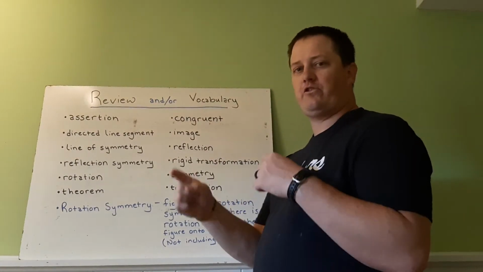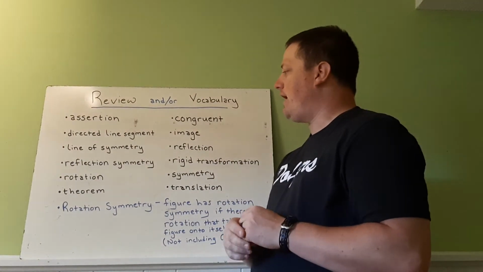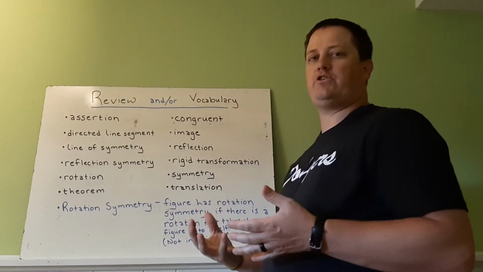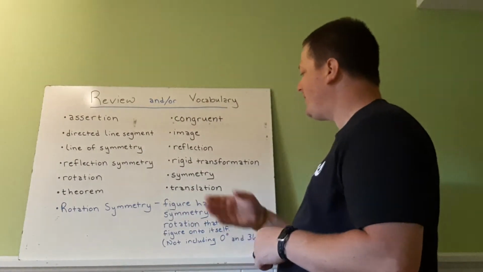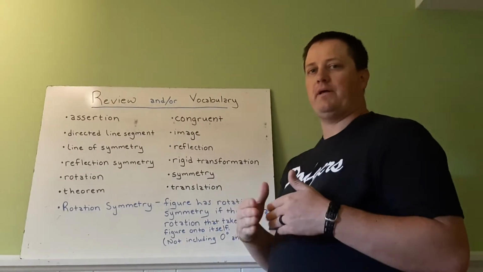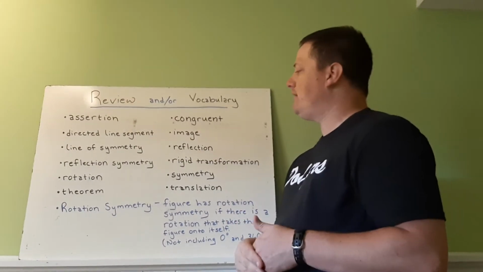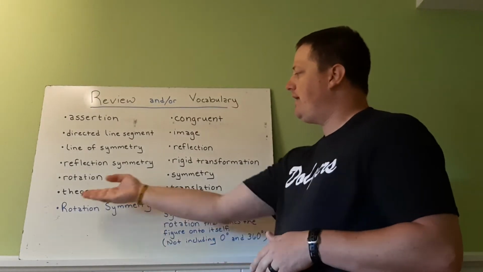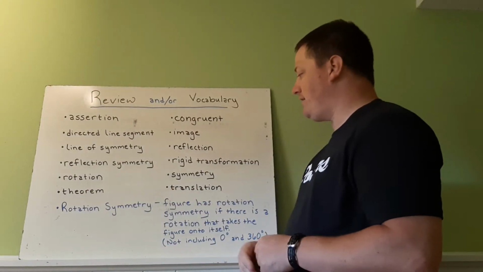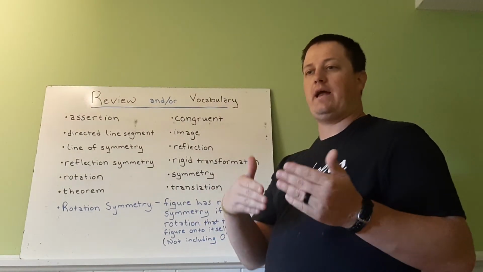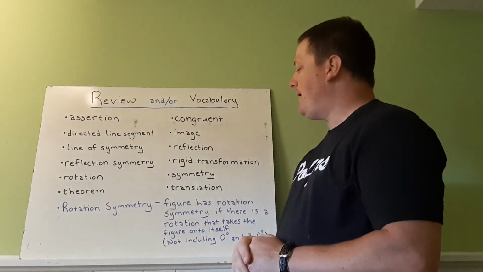Rotation is just turning an object counterclockwise, clockwise, as much or as little as necessary. Symmetry is just the ability to show that two sides are mirror images of each other with a line of symmetry. Theorem is a proven statement. Translation is just moving something left, right, up, down, diagonally.